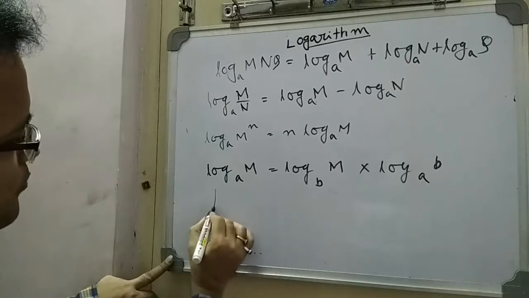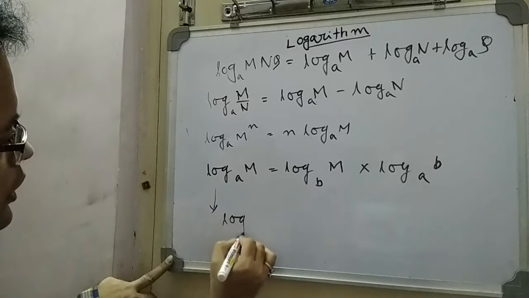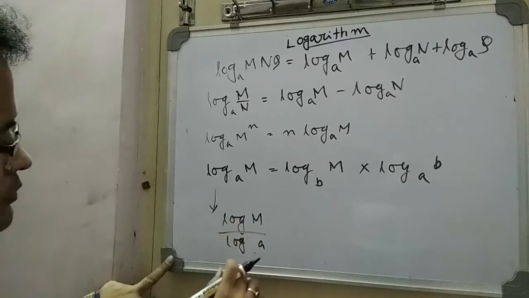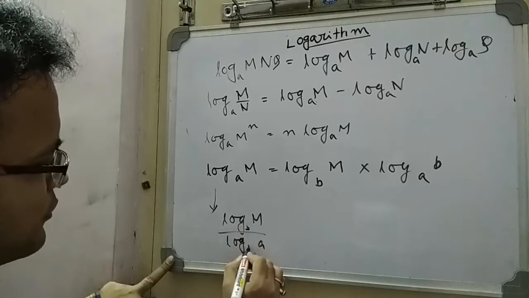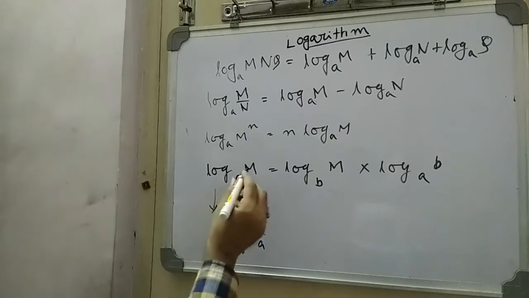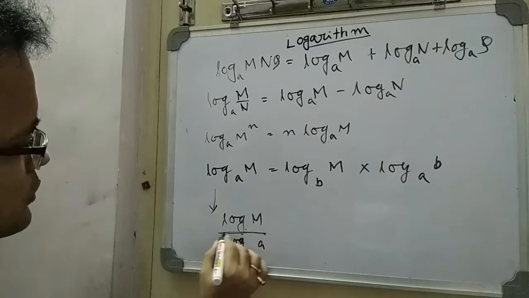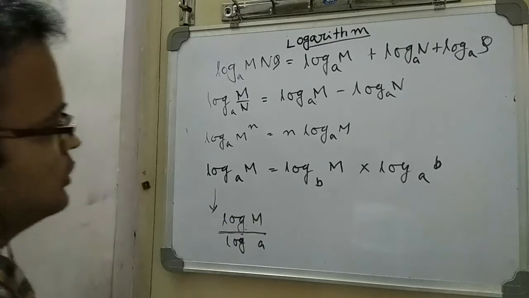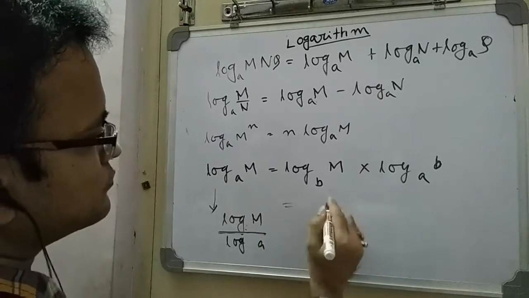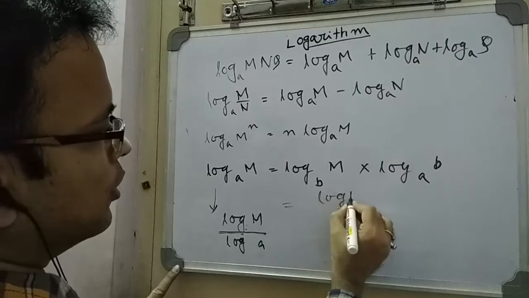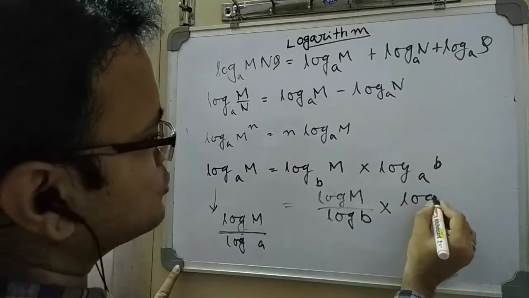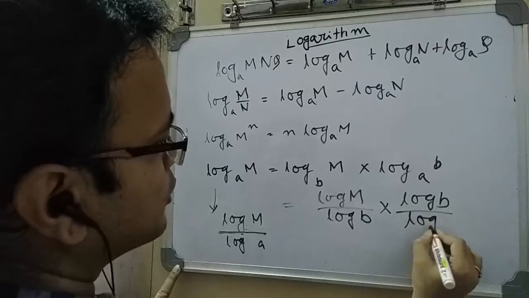Because log m base a usually can be written as log m by log a to the base 10, we are assuming, but it can be to any base. We are just breaking this into the form log m by log a. So if you think, what is this? The right side becomes log m by log b into log b by log a.